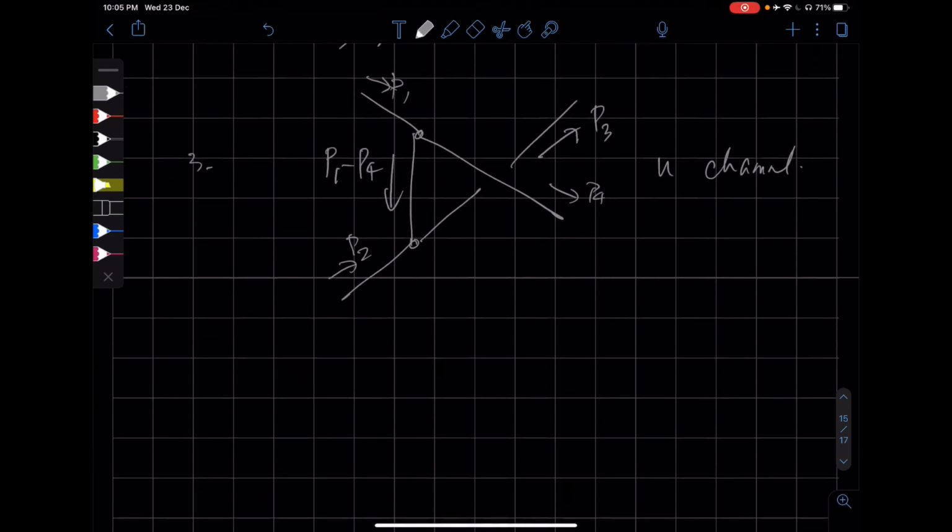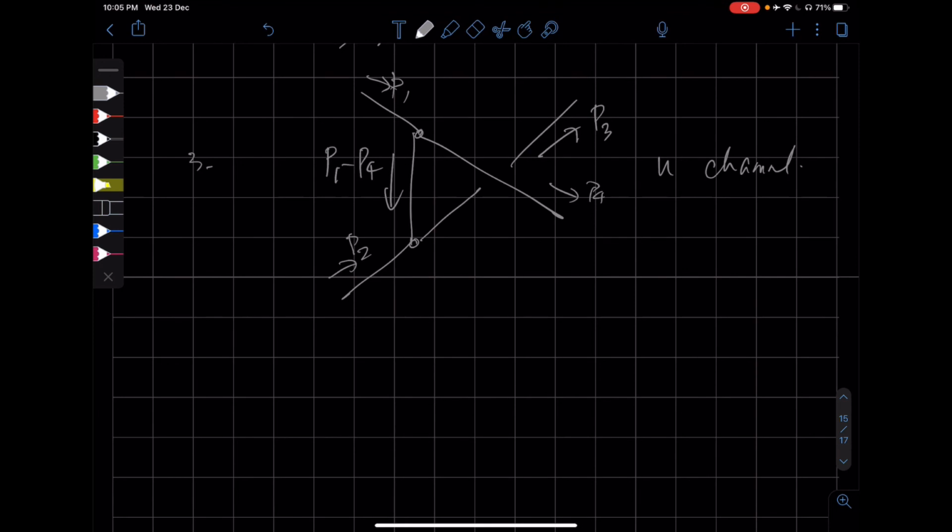And again, we can just take one of them at random. Let's take the U channel diagram. Then the amplitude from the U channel diagram is going to be just i divided by (P1 minus P4) whole squared minus m squared plus i epsilon.